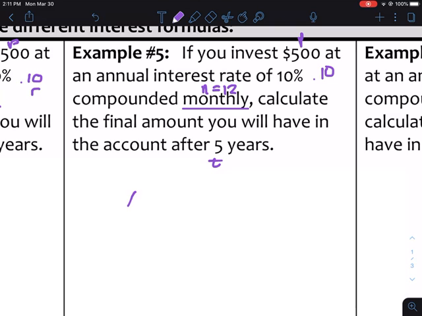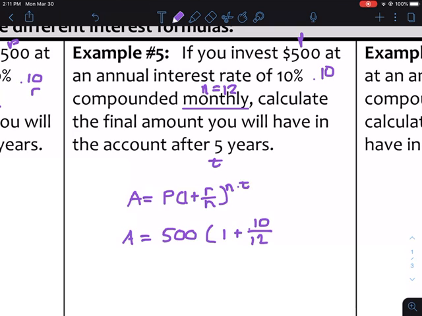So we're going to use our A equals P times 1 plus R divided by N to the N times T power that we used prior to spring break. Okay, so we're going to review that. So A equals, principal's $500 again, 1 plus our rate, still as a decimal, 0.10, over N. N is 12.